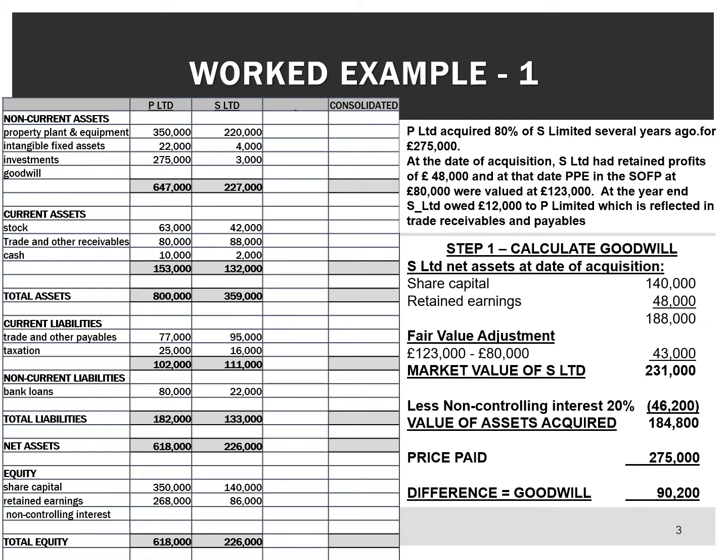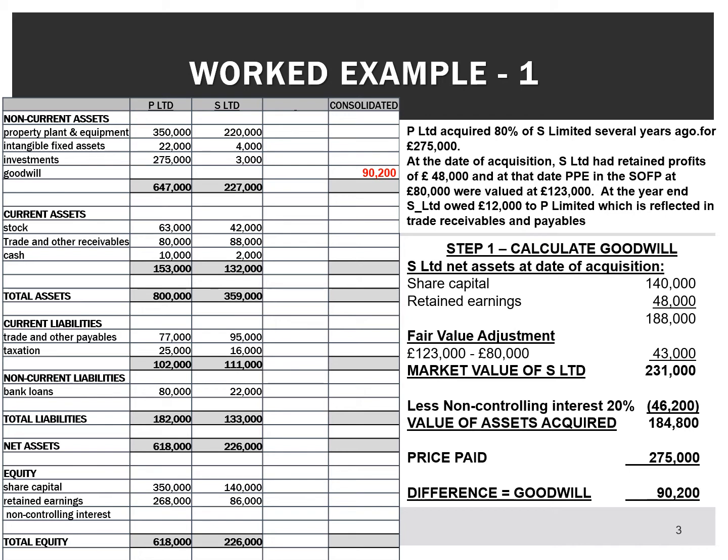If we now work through the other items, starting with the property, plant and equipment, we've already calculated as part of the goodwill calculation that there is a fair value adjustment required to reflect the market value of the assets of the subsidiary at the date we purchased the shares, and so we know that that £43,000 has got to be added to the existing balance sheet figures.